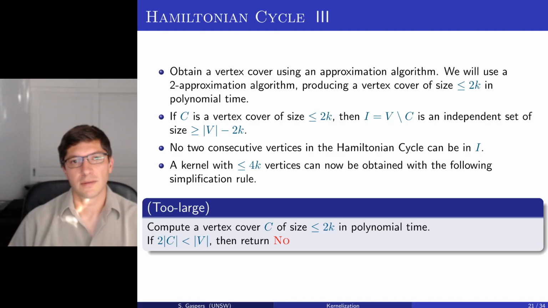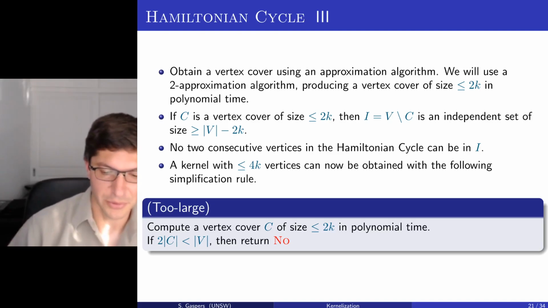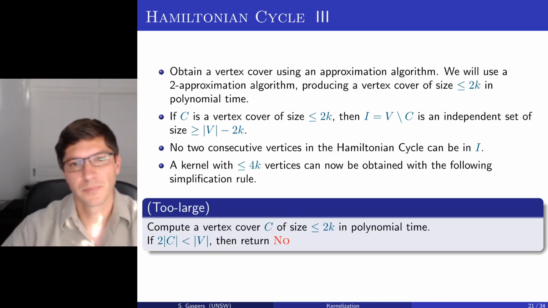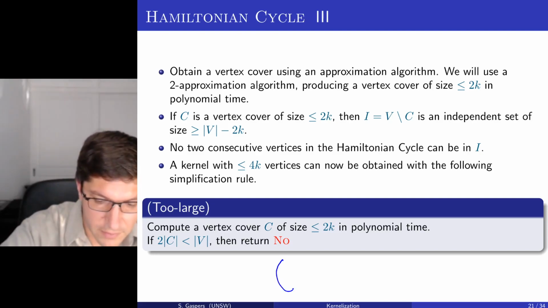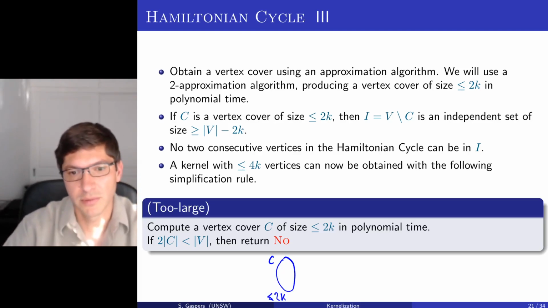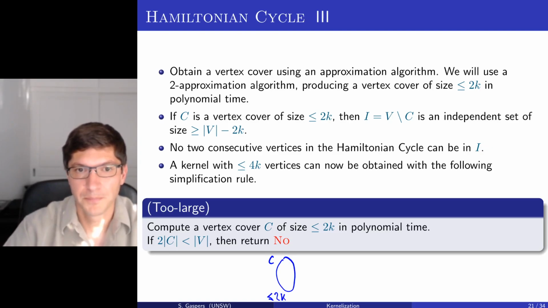So we run the approximation algorithm. It returns some vertex cover C, and its size is at most 2k. Notice that we don't even know what k is, but we know that C is at most 2k.